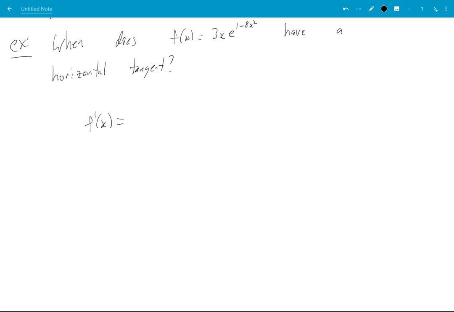F prime requires product rule. So I do that, e to the 1 minus 8x squared times the derivative here, minus 16x. Okay, I'm setting that equal to 0 and solving, so I'm going to have to factor here.